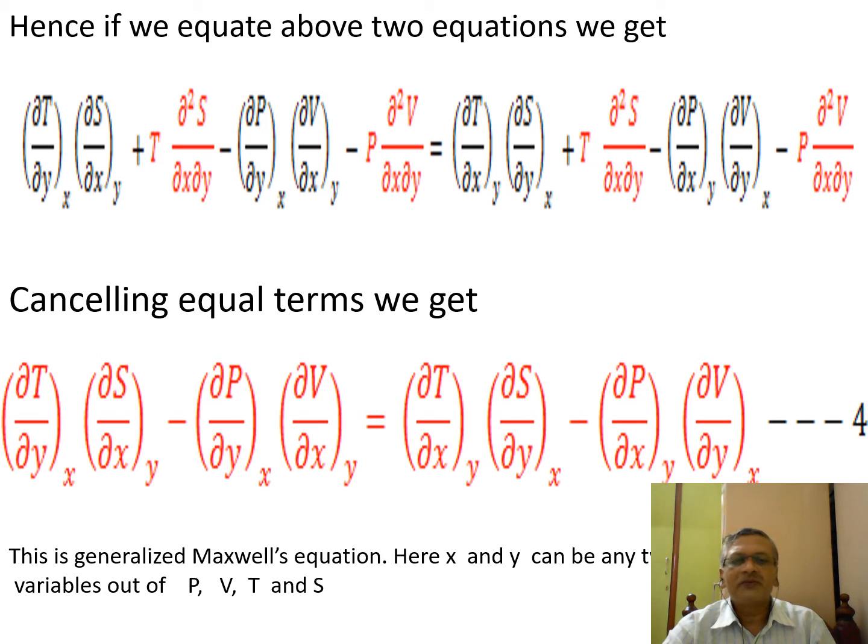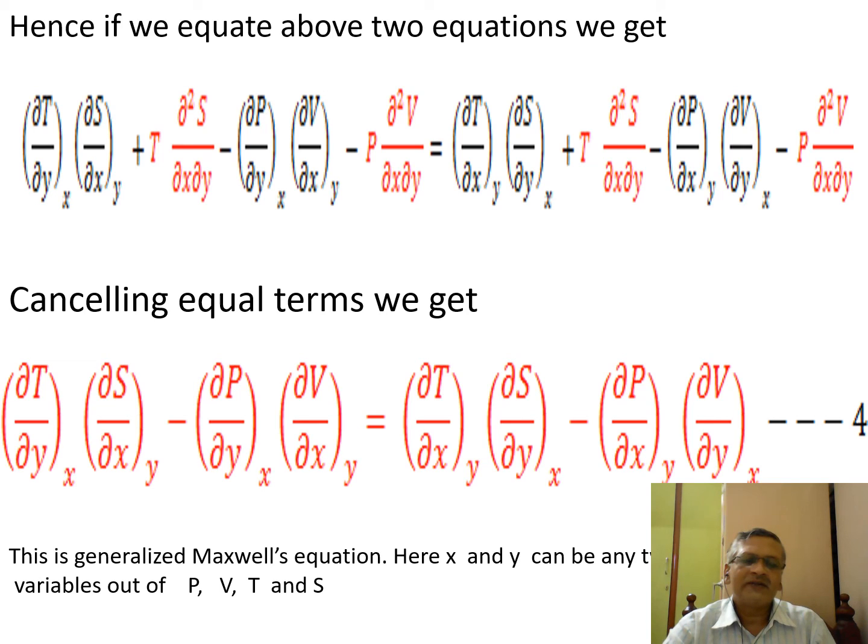So the first term is T, second term is S, third term is P, fourth term is V. The same TSPV is on the right side also. And at the bottom, the left side is ∂y into ∂x, and the right side is the reverse, ∂x into ∂y. Whenever the denominator is y, keep the constant as the opposite, that is x.